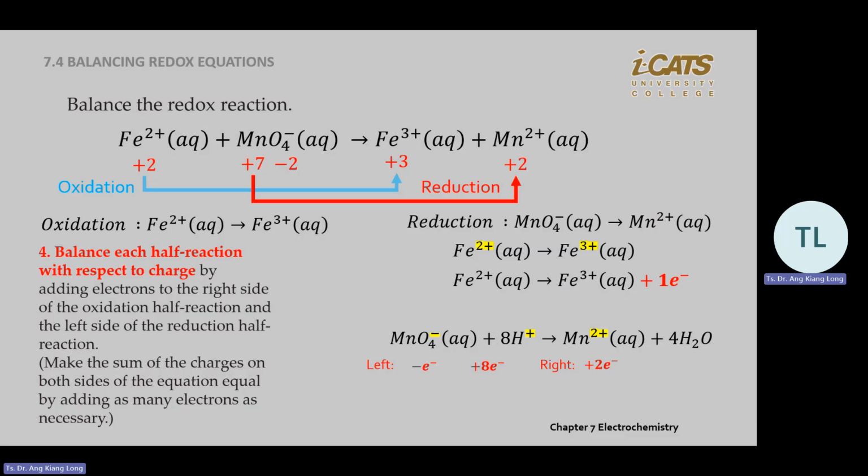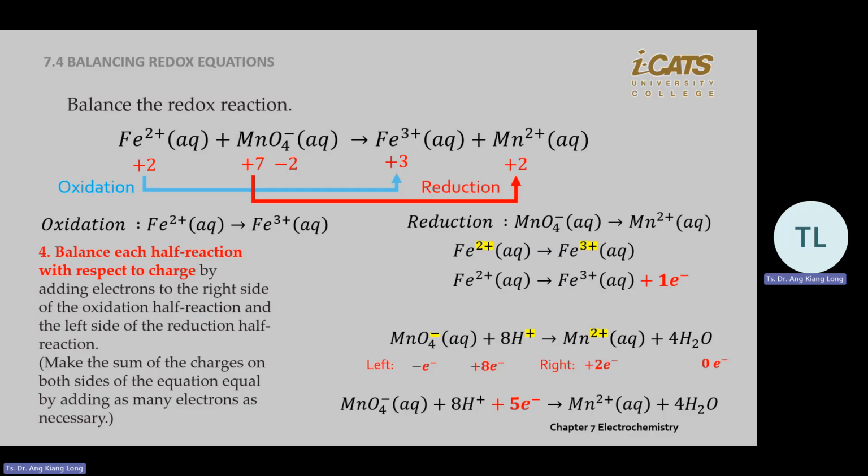Then you check. Left hand side, how many electrons? Minus e plus 8e means 7 positive electrons. Right hand side is 2. Then you balance the electrons, because the second equation here, MnO4 negative plus 8H plus, is the reduction process.